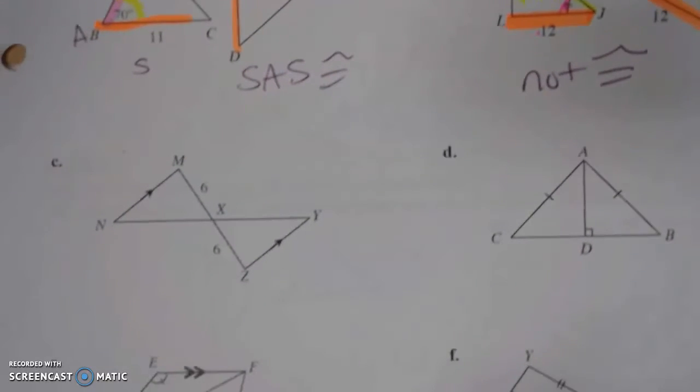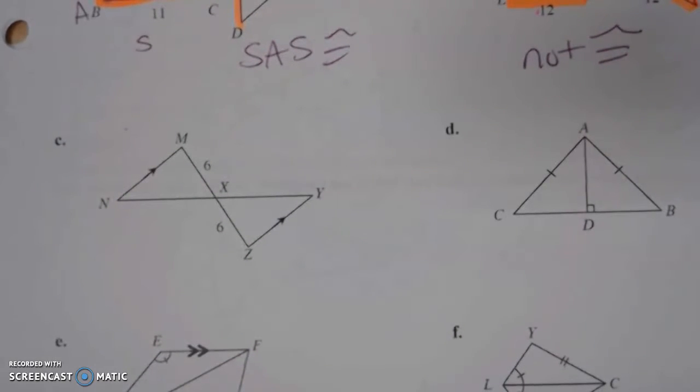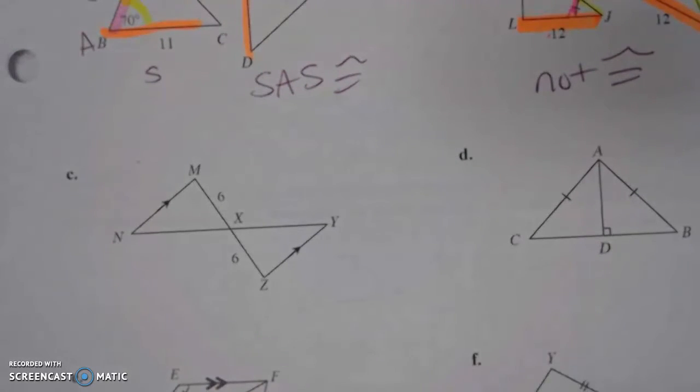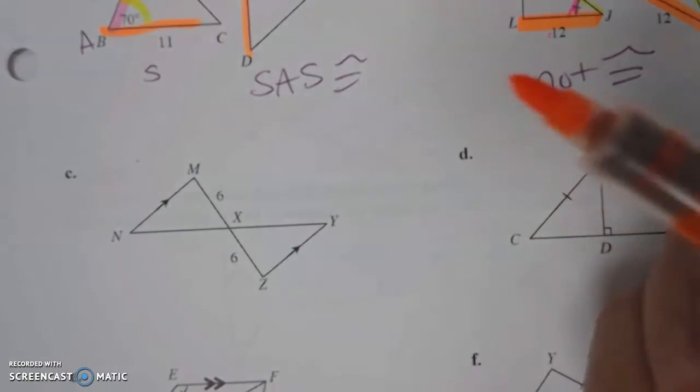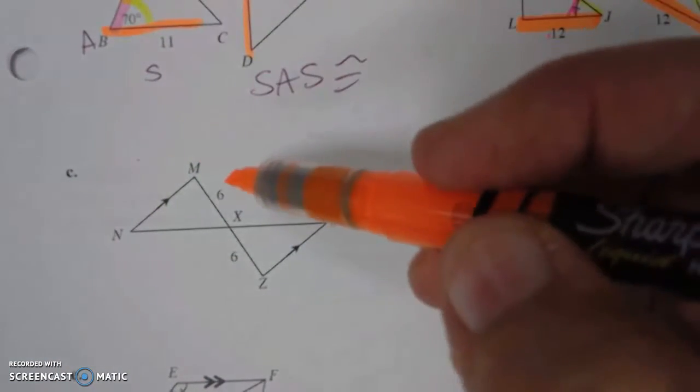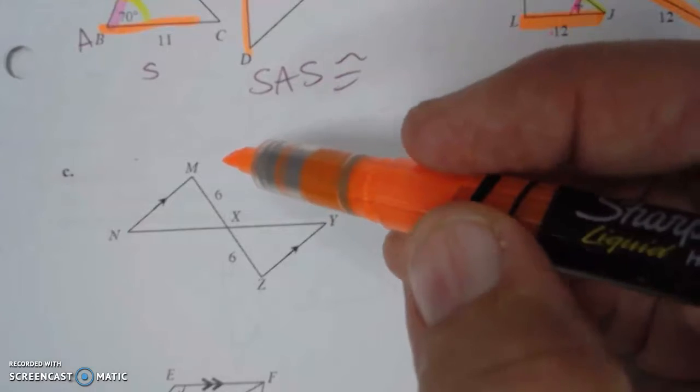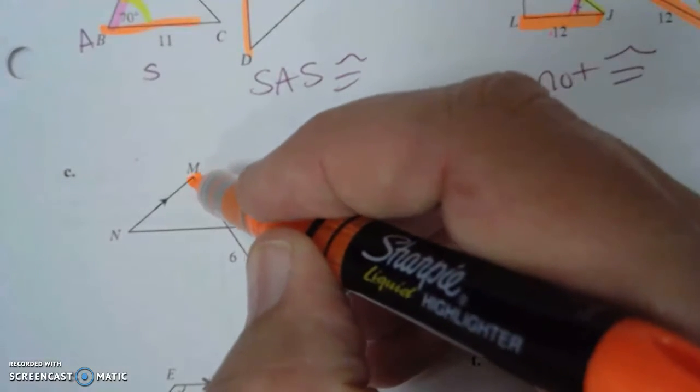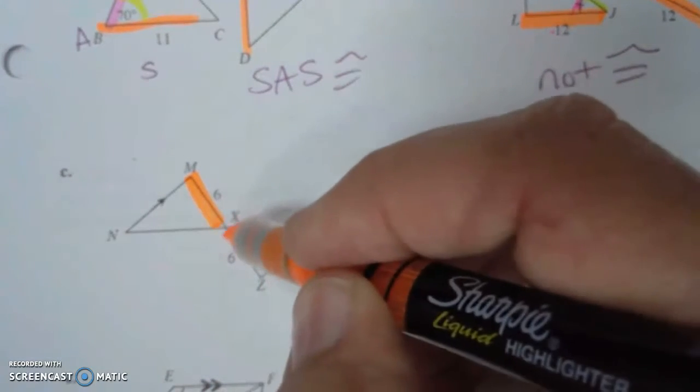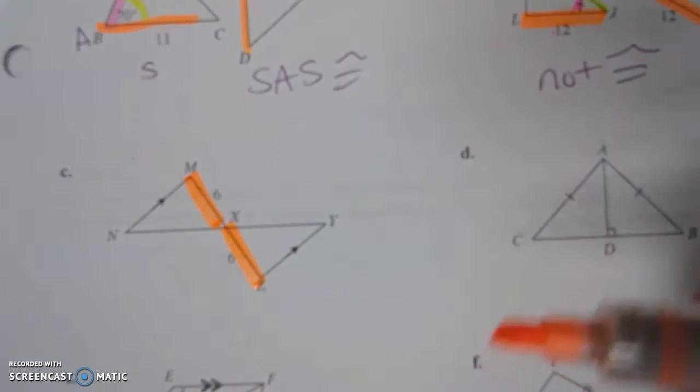All right. In our next problem, let's look and see what we have that is similar. Let's look at letter C, sorry. Let's mark the stuff that's the same. I can see that this side is congruent to this side.